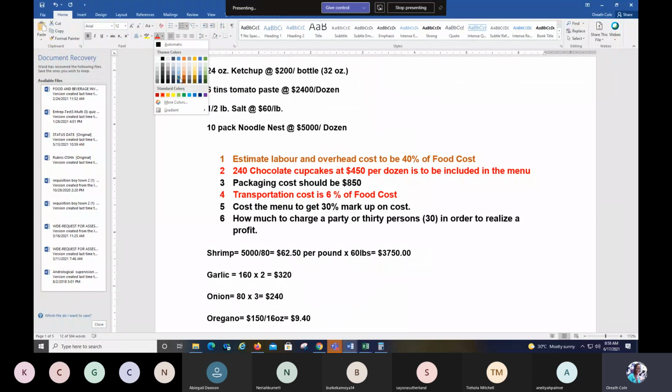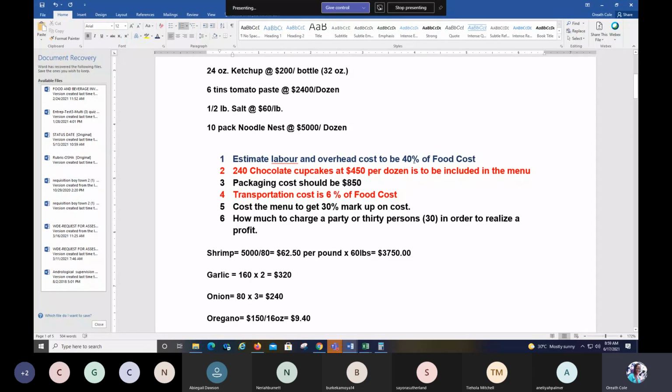Now remember that what you're doing is estimating how much money will be taken out to fulfill your light, your water, the labor, which is the people who you pay. So it's saying that 40% of what you buy, you calculate your food cost, and 40% of that you would consider to be your labor and overhead costs.